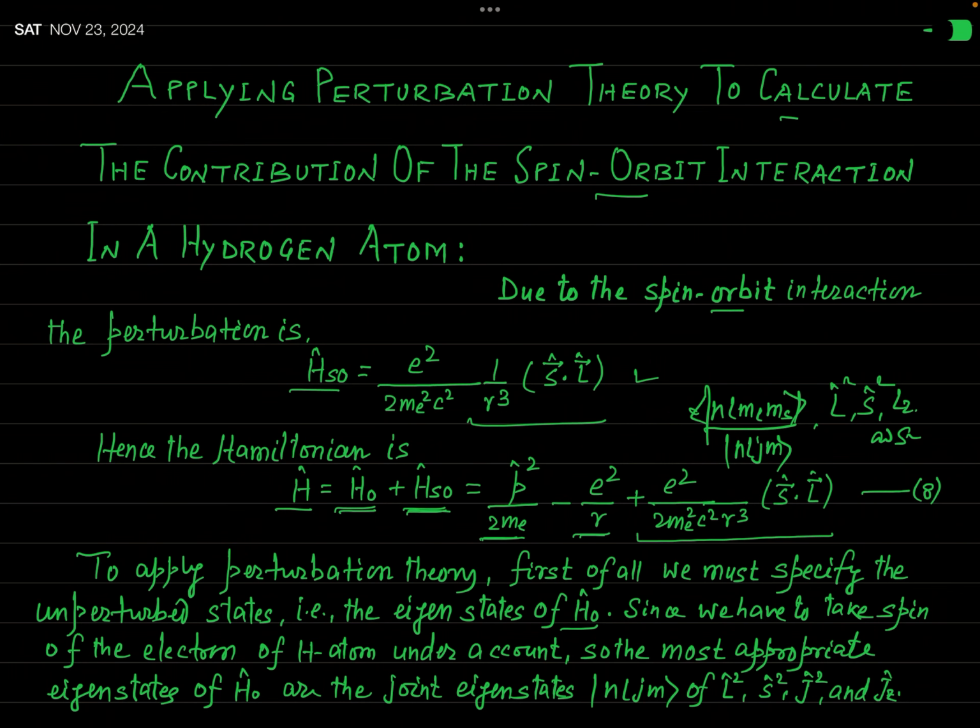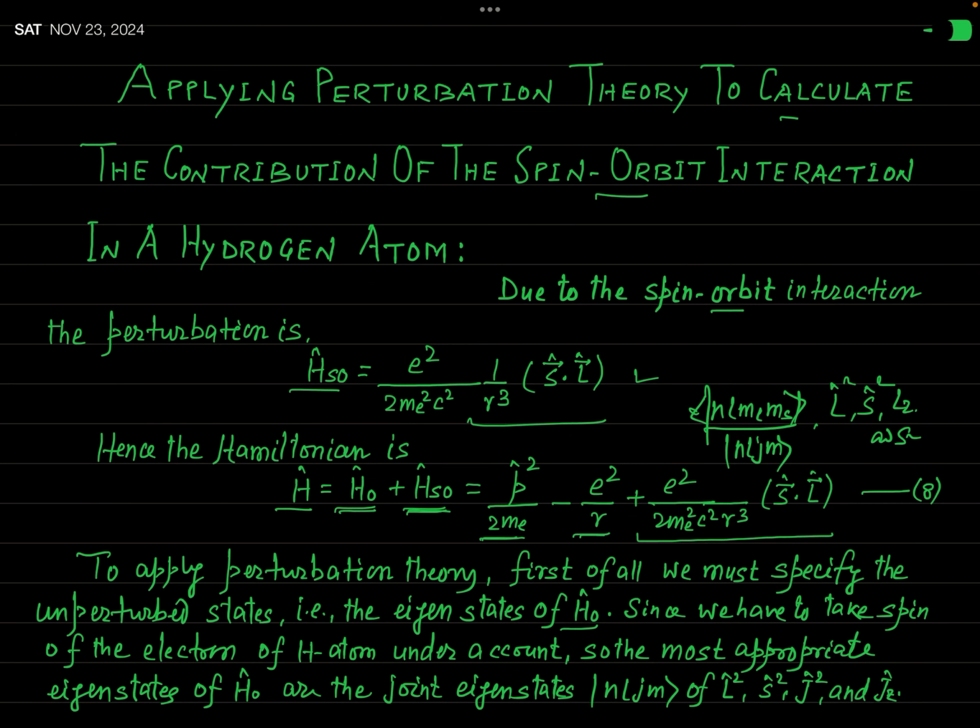Okay, so in this condition, if HSO were included in the first choice, then this first choice would be your bad option, because we would be forced to diagonalize the matrix of HSO within the states. And this exercise is nothing less than tedious and cumbersome.